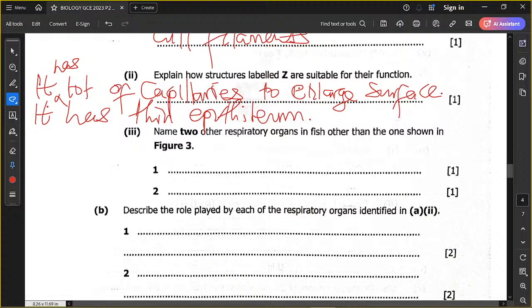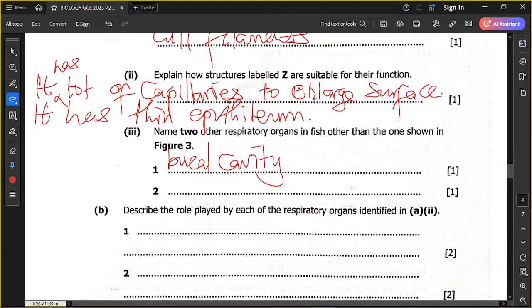Okay, we come to question 2. Name 2 other respiratory organs in fish other than the one shown in figure 3. So apart from the gills, what other respiratory organs does the fish have? Number 1, we have the buccal cavity, that is the mouth.